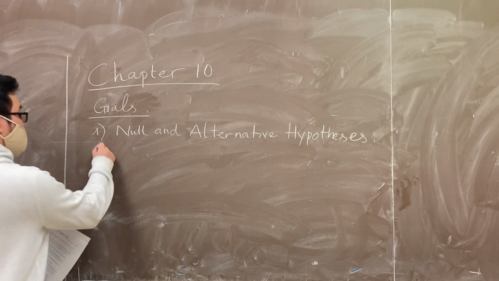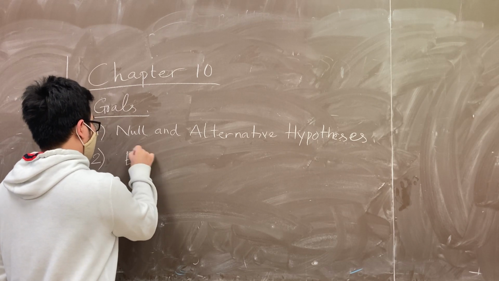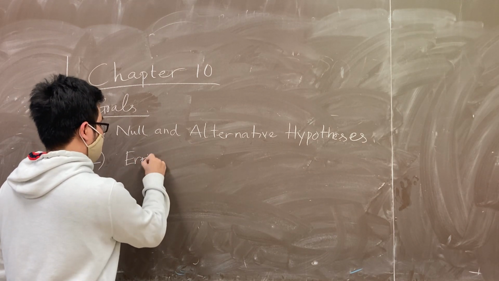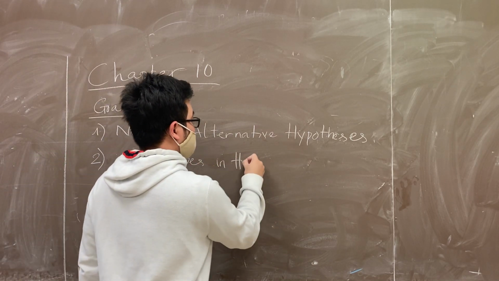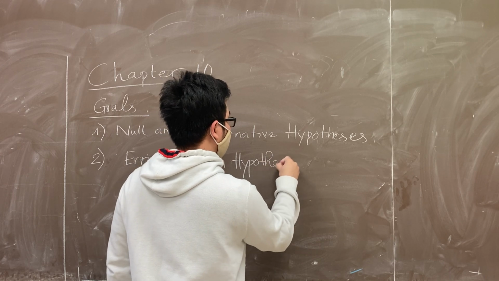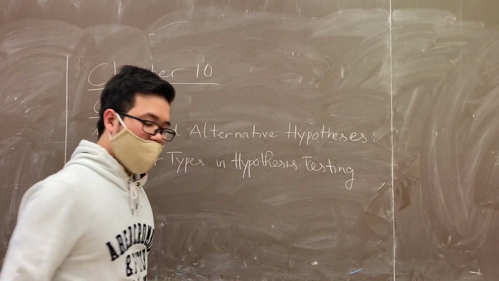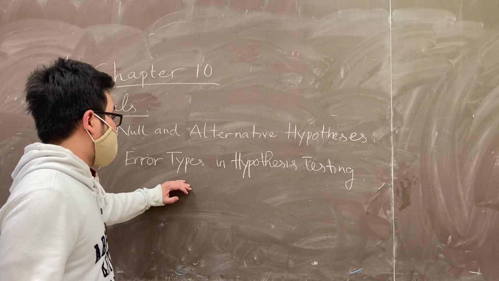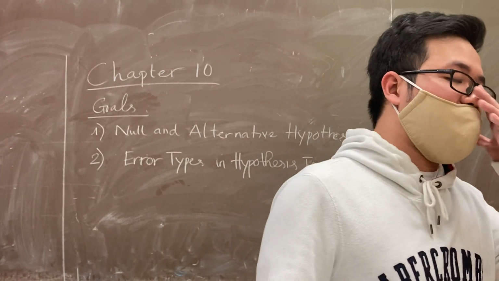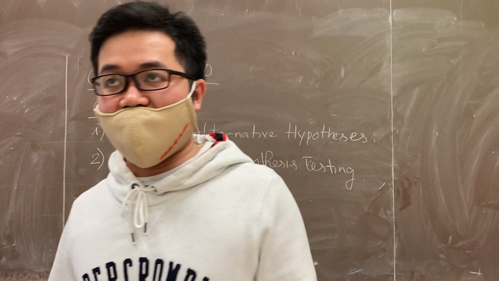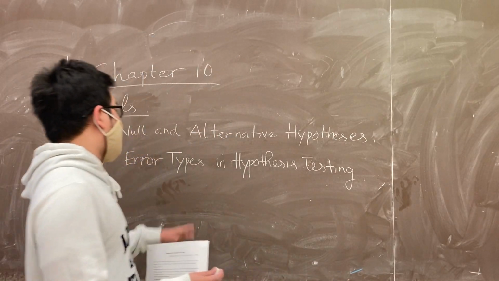The second one, we will learn about the error types in hypothesis testing. When we make a decision, either we make the correct decision, or we make an error. So we have two errors in this chapter.